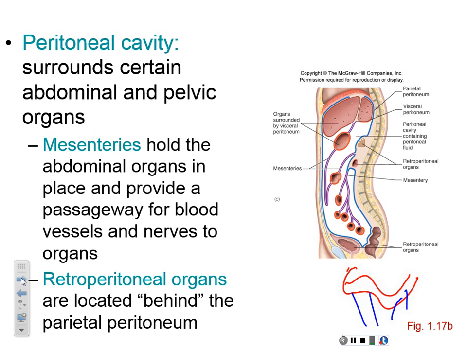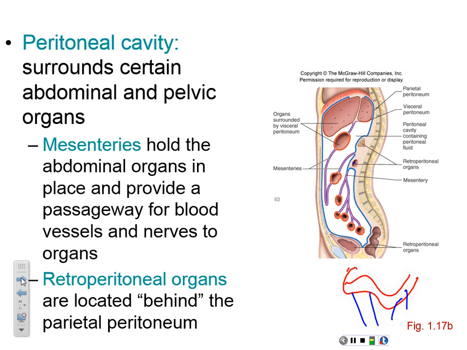And then anything that is behind the peritoneum is a retroperitoneal organ. Like the kidneys and so forth are retroperitoneal organs because they're behind the peritoneum. All right?